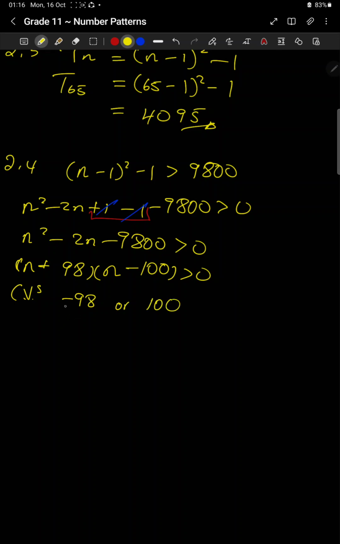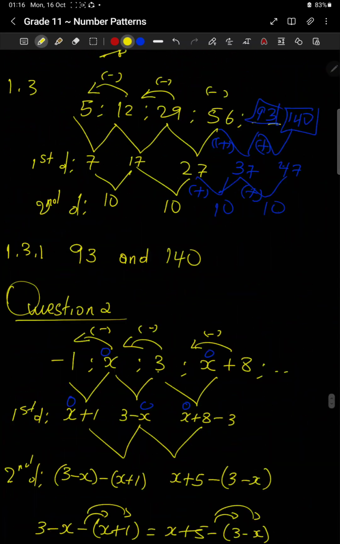The number of terms cannot be negative, therefore n is greater than 100. Since we are looking for the first term, we add 1 on top of 100, which is 101, the number of terms.